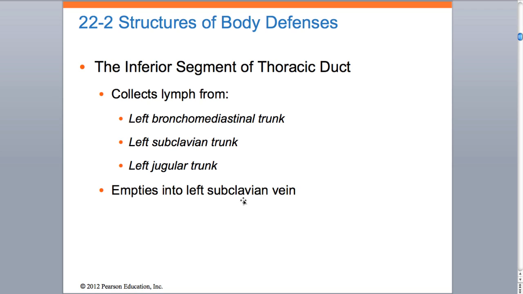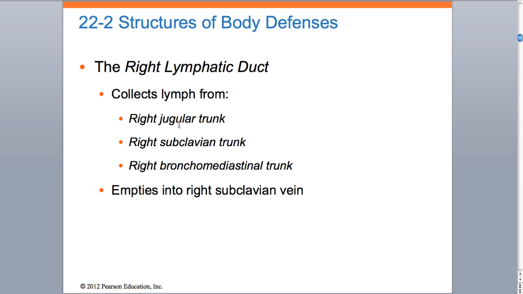So the thoracic duct will empty into the left subclavian vein. This is where your lymphatic system joins the circulatory system. We've been harping on that for the last few slides, saying it joins the venous return. Well, what we're saying is it joins into the subclavian vein, the left subclavian vein. Okay, next slide.